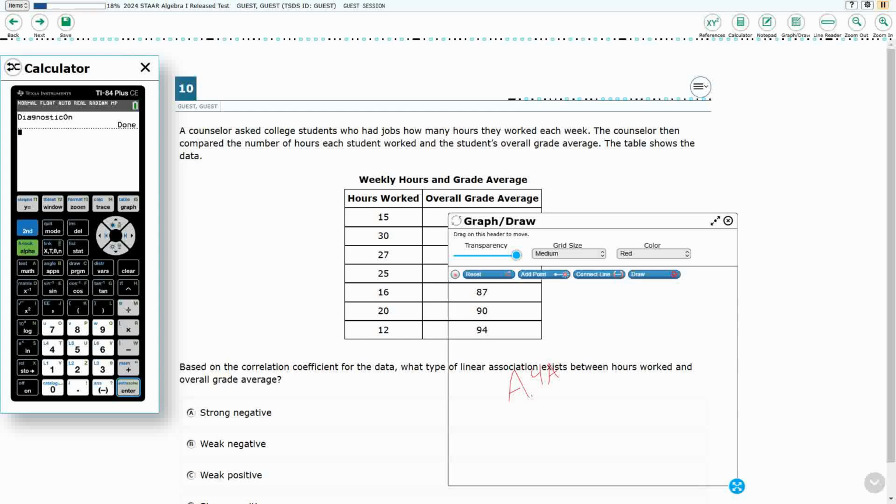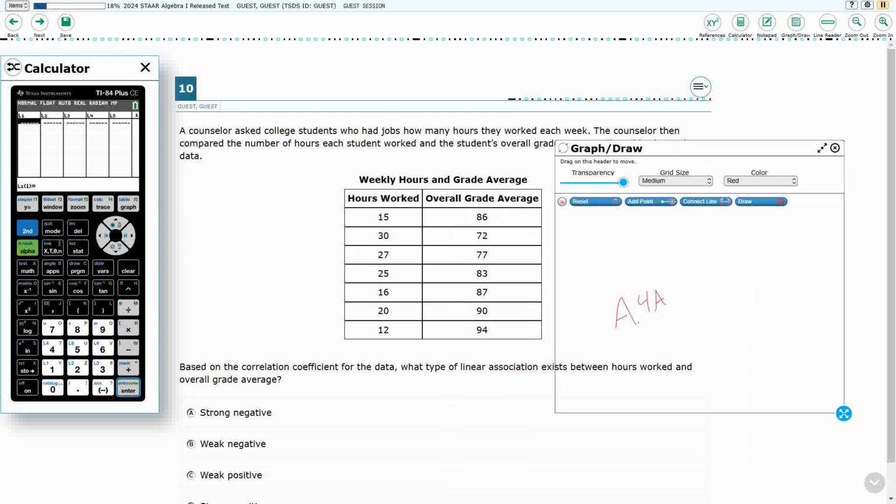All right, so now we're going to go to our statistics, and we are going to edit them. When we edit our statistics, we are just going to list our hours worked in our L1. The only issue here is we don't want to mistype anything, so we do it kind of slowly. This is going to end up being one set of values in what we call our L1 or L2.